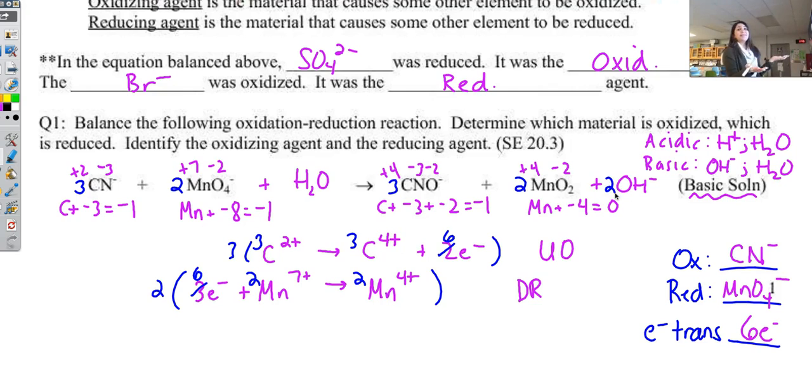I can't change anything except for those. So let's see if that works. So now my hydrogens, I've got 2 hydrogens, and I do have 2 hydrogens on the right, so that's great. And then let's count the oxygens. Again, we said the oxygens were 8 plus 1 is 9. And now I have 3 plus 4 is 7 plus 2 is 9. We're balanced. It's all set.